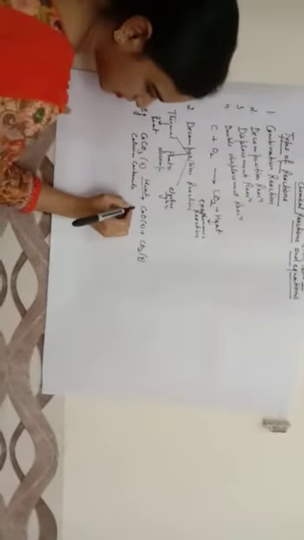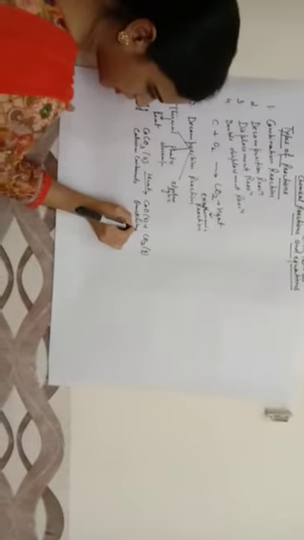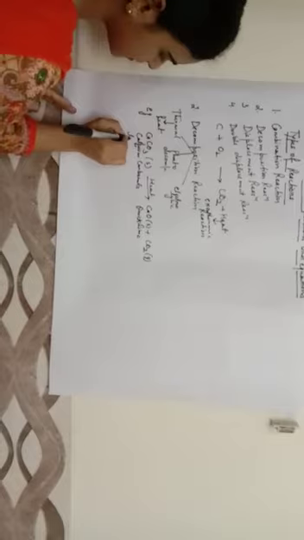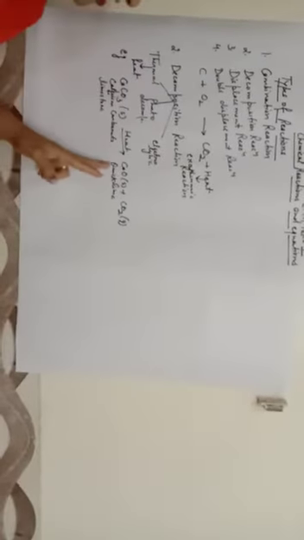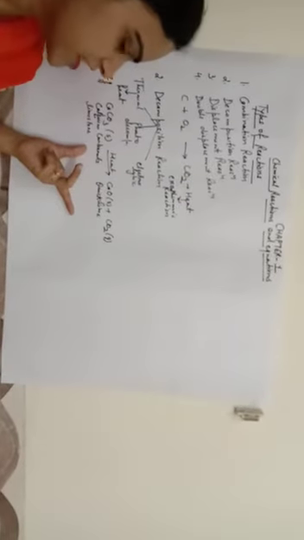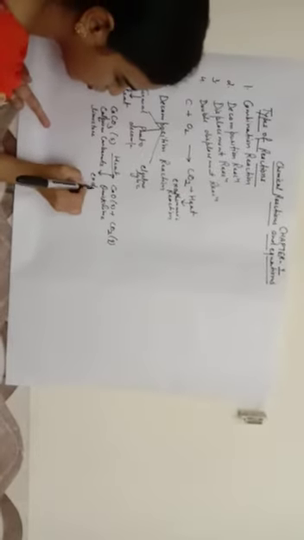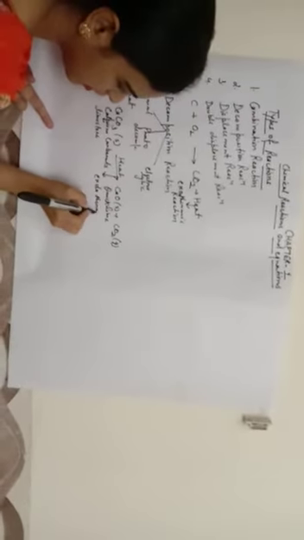CaO is called quicklime, and CaCO3 is called limestone. So these are reactions carried out in the presence of heat. The reactions in which we are absorbing heat are called endothermic reactions.